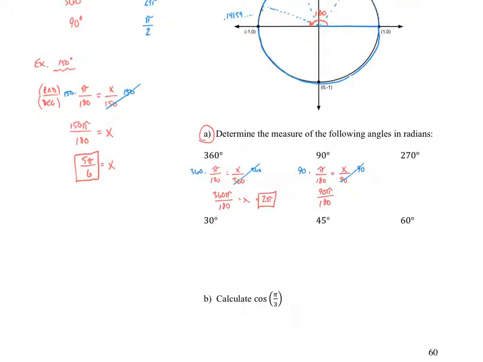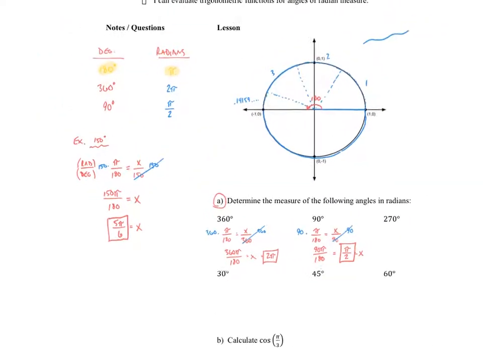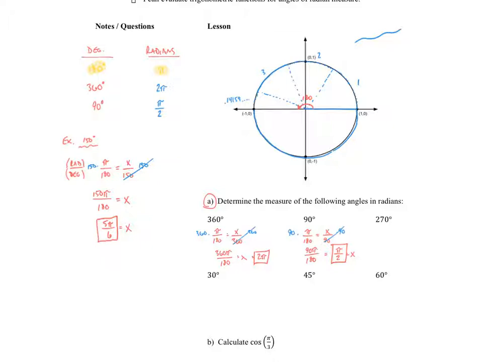Both of those numbers are divisible by 90, so I'm going to end up getting pi over 2. And we knew that because we figured that out logically, just using what we knew about these relationships earlier. But you should be using a proportion to do any of them that are a little more complicated than that. So I would like you guys, before you come into class tomorrow, to have completed turning these 4 degree measures into radians using this proportion.